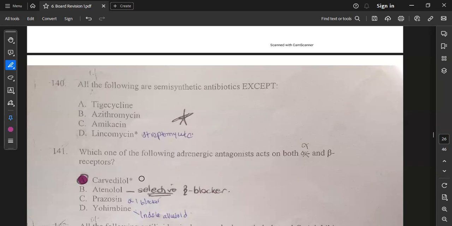First of all, are they antimicrobial or antibiotics? What is an antibiotic? What is an antimicrobial? I think antimicrobial includes fungi, bacteria, and viruses. I'm not sure.